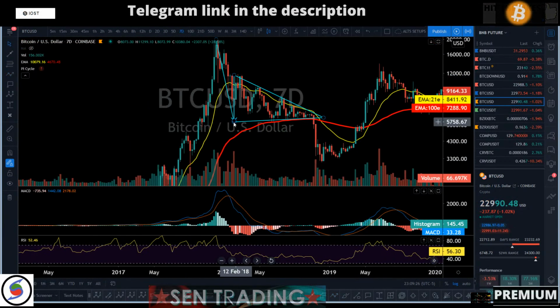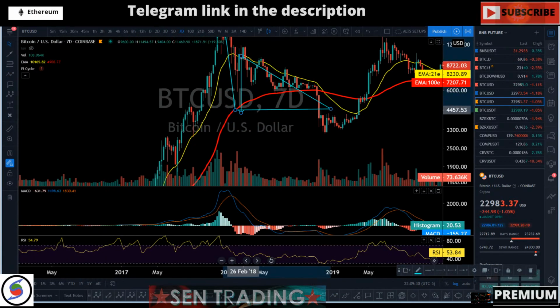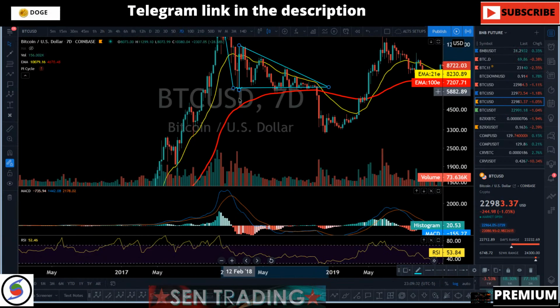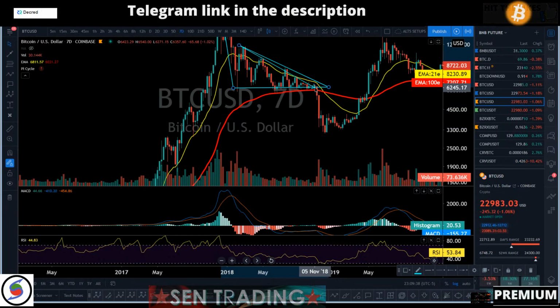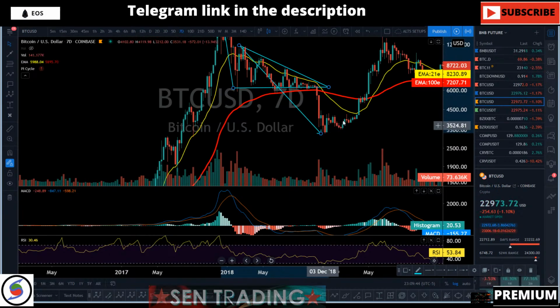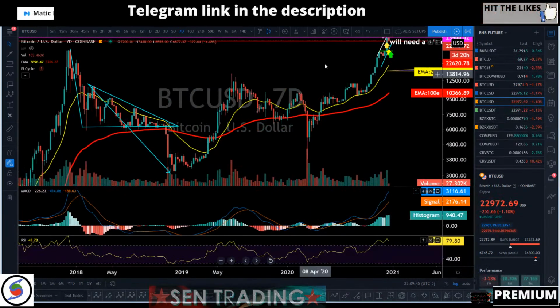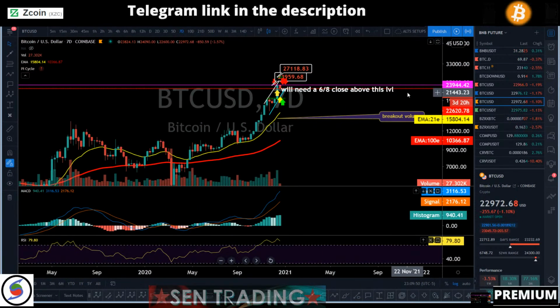Most people knew, most people were calling for 3K, but they just had to wait until November for the capitulation, the break below the 100 EMA on a weekly basis, before they got the retest of the 50-day candle opening back in October 2017.